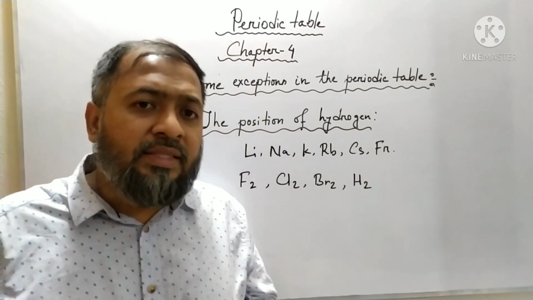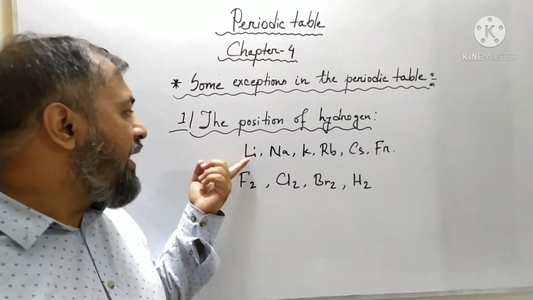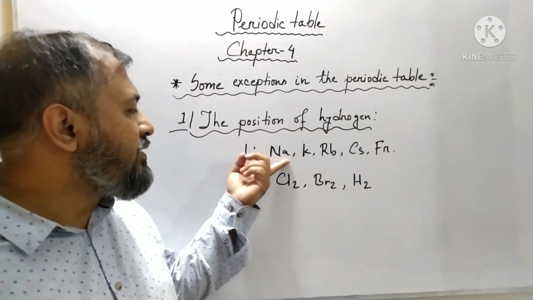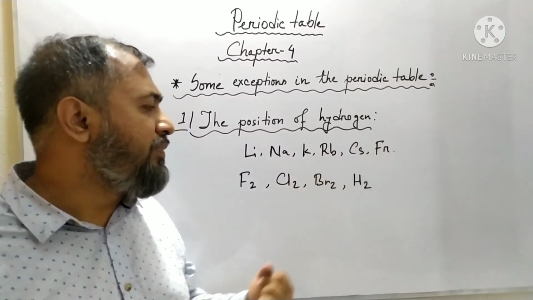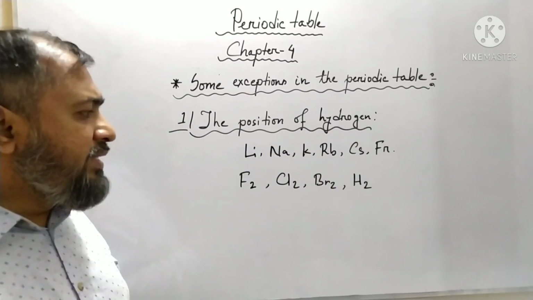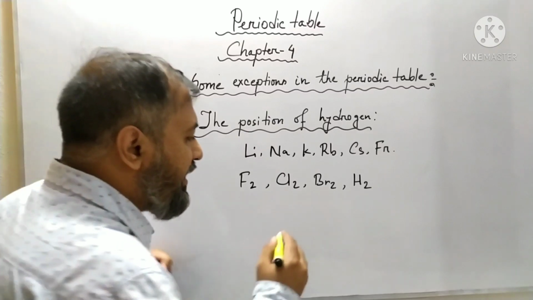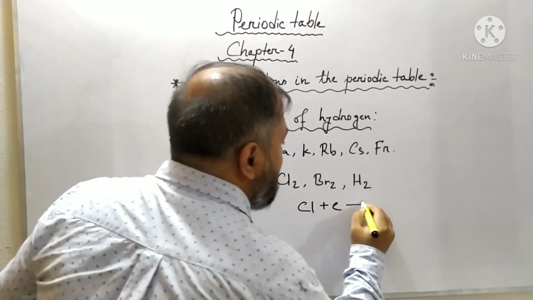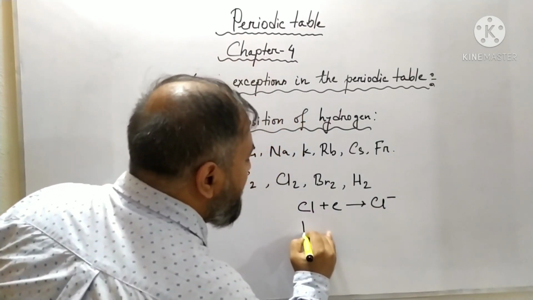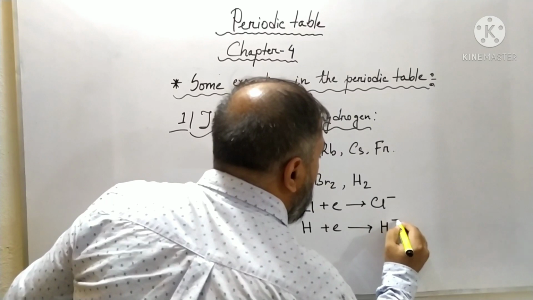This is not observed among the elements of the first group, which are lithium, sodium, potassium, rubidium, cesium, francium. And in the second place, hydrogen also receives an electron in chemical reactions, like chlorine receives an electron and becomes chloride ion. In a similar way, hydrogen also receives an electron and becomes hydride ion.